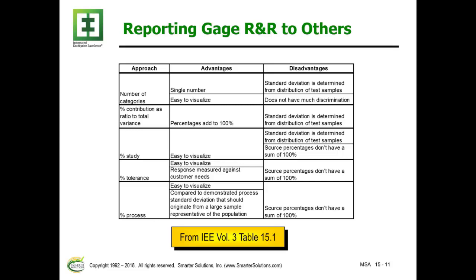So when we're doing a gauge R&R, there are different types of outputs that we can have, and we want to use these to make a decision on whether our gauge is good enough for making inspections. This table talks about the advantages of each of them, and also the disadvantages associated with them.